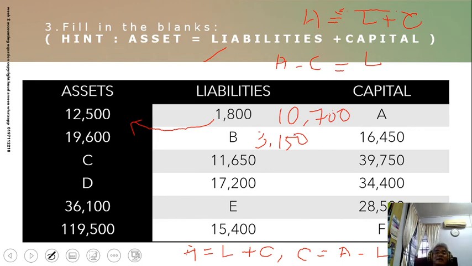How to get C, how to get D, and how to get E, and how to get F. You just use the formula. So what is the formula? Okay.